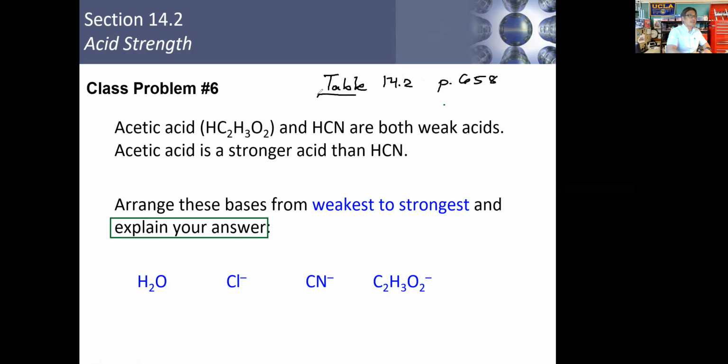You will need that to help you do this problem. So go ahead and take about 5 minutes to work through this problem, and then I'll help you through it and we'll compare answers. When I see you back here, we'll work out this problem together.